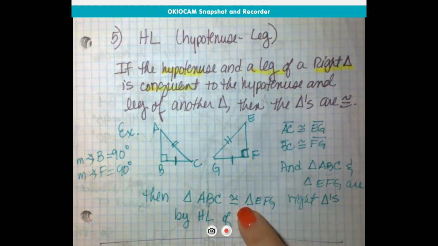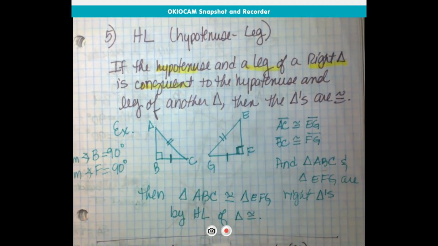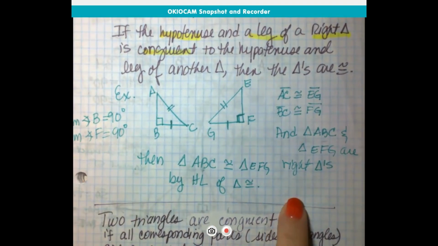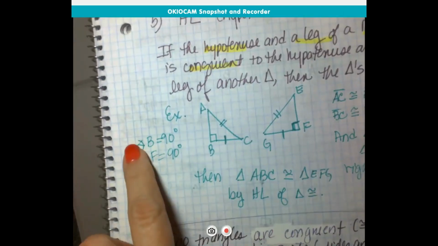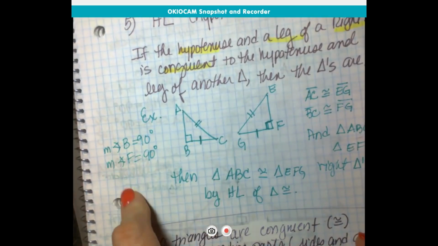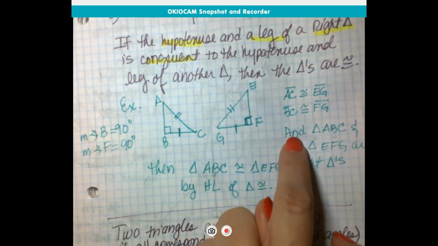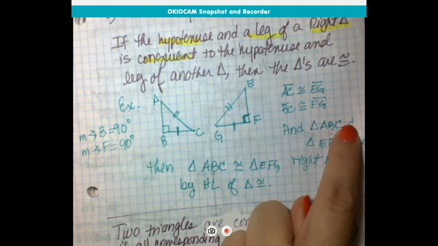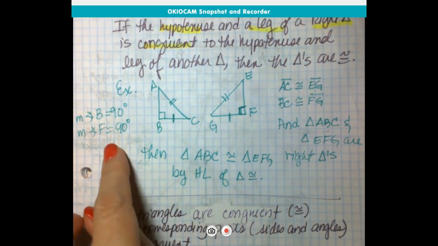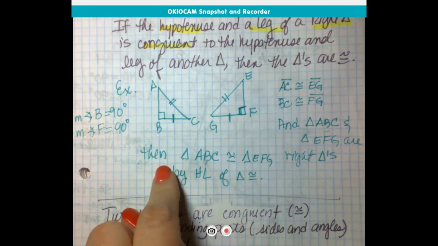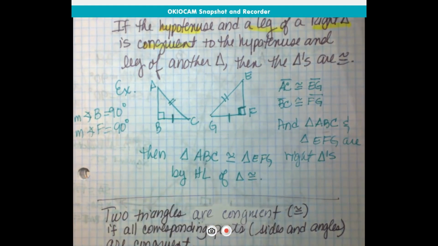Then you can say that the triangles are congruent by hypotenuse leg. And then, yes, we prove that the triangles are right triangles. Why? Because you can also mention that angle B is 90 degrees and the measurement of angle F is also 90 degrees. And that triangle ABC and triangle EFG are right triangles. So we prove that because I have the 90-degree angles. Then we can say that the triangles are congruent by hypotenuse leg.